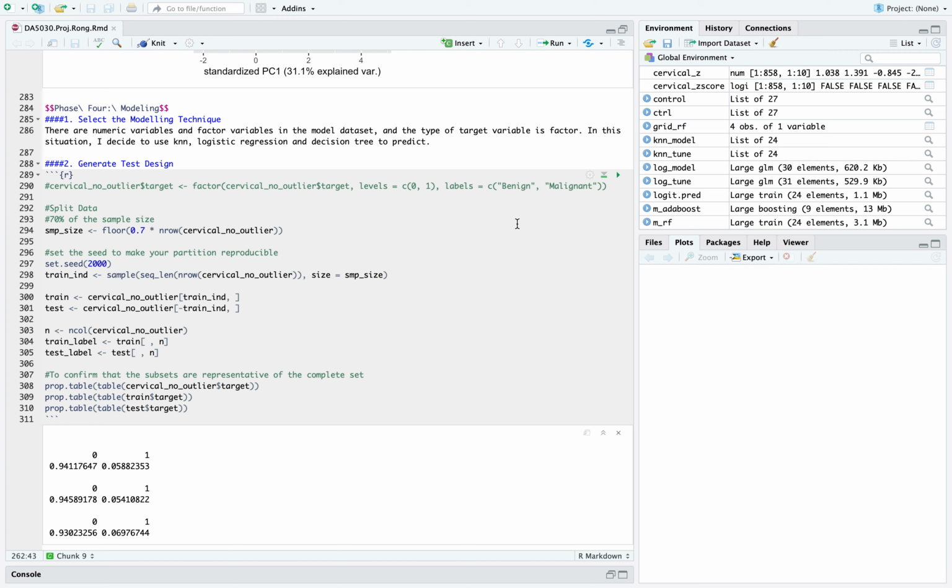The reason why I picked logistic regression is that it is used to model the probability of a certain class or event. Logistic regression is a statistical model that in its basic form uses a logistic function to model a binary dependent variable.